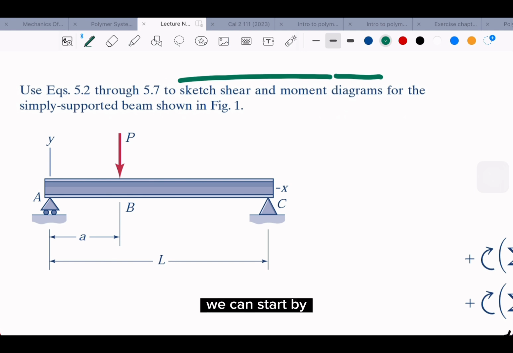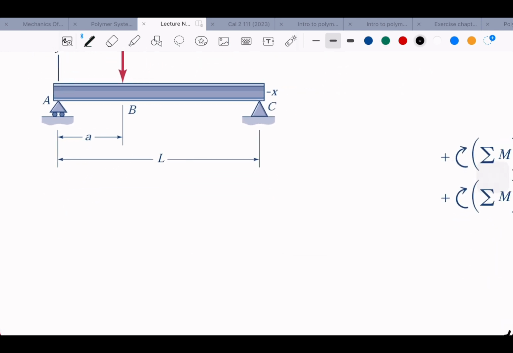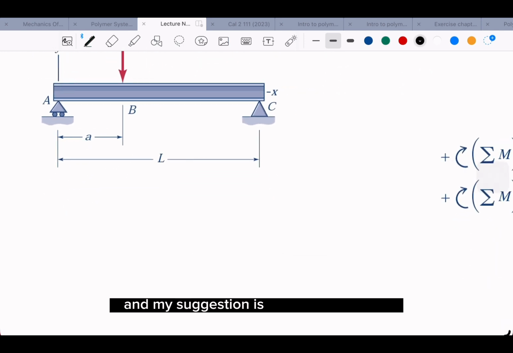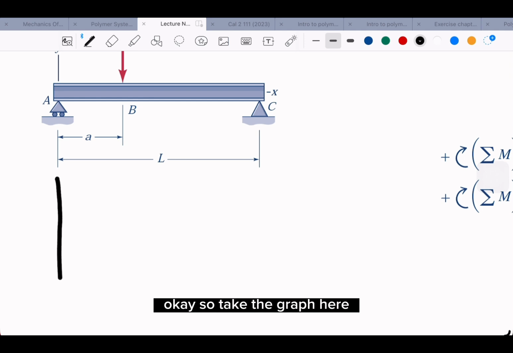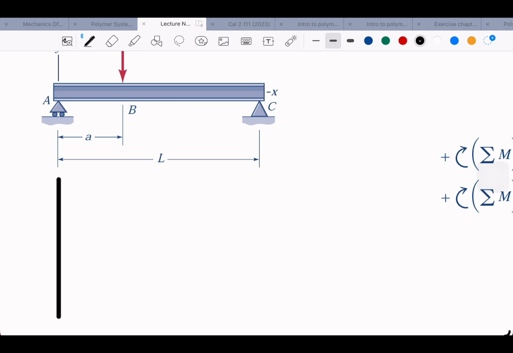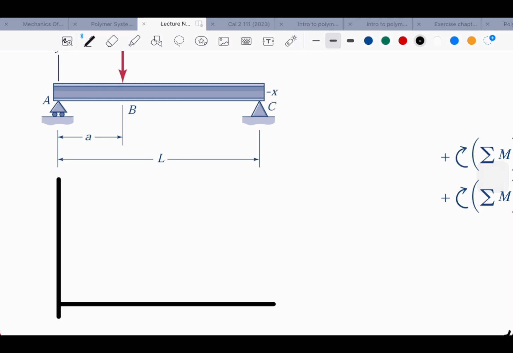We can start by taking this subject, and my suggestion is to make the graph below the diagram. Okay, so take the graph here, and then take this as your graph.